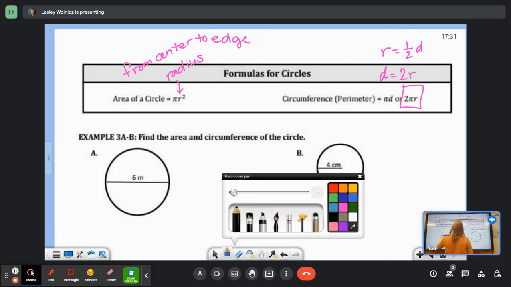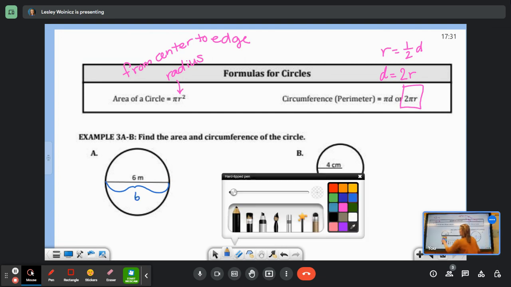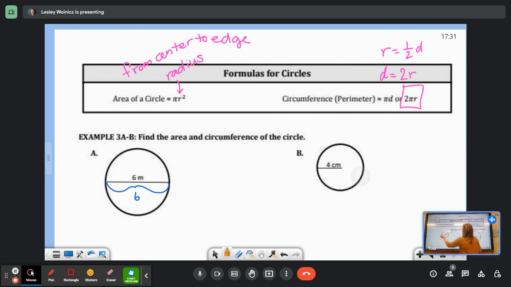If you look at this one, they're telling you our entire diameter is 6. The diameter goes from edge of the circle to edge of the circle, passing through the center. That's important. It has to go through the center. So if our diameter is 6, then our radius is half of that.